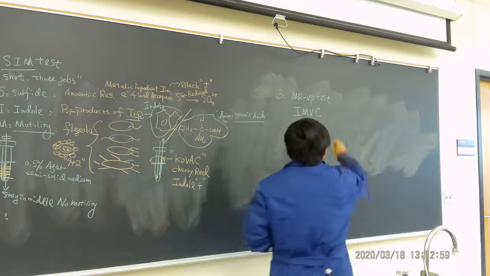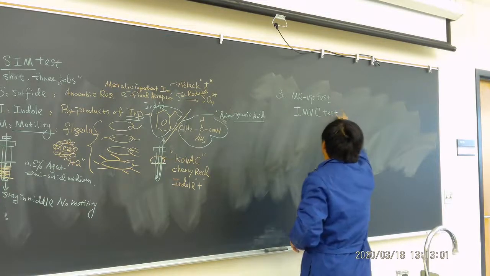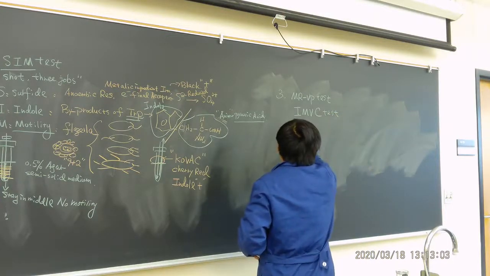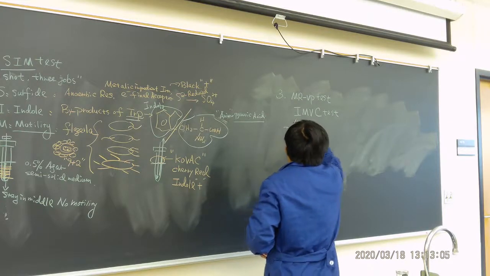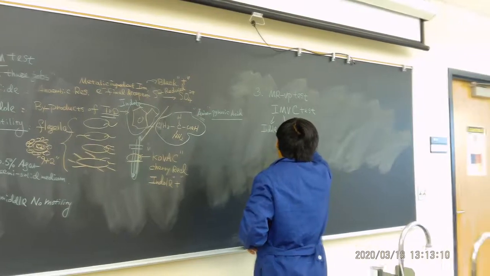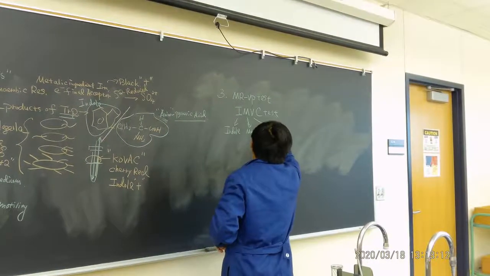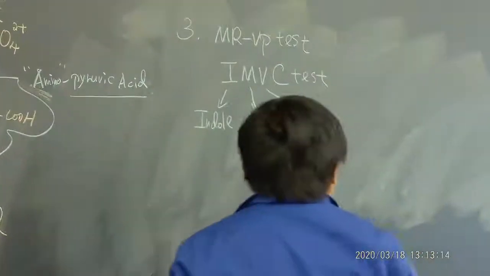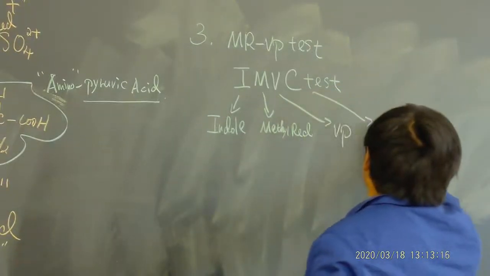What are they? I means indole. M is methyl red. V is VP, Voges-Proskauer. C is citrate.